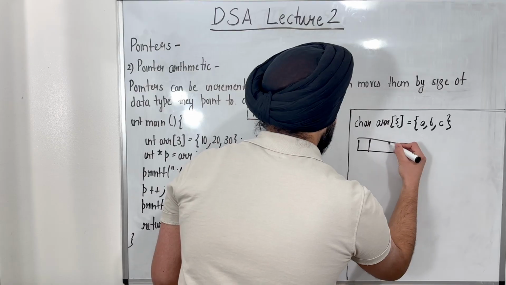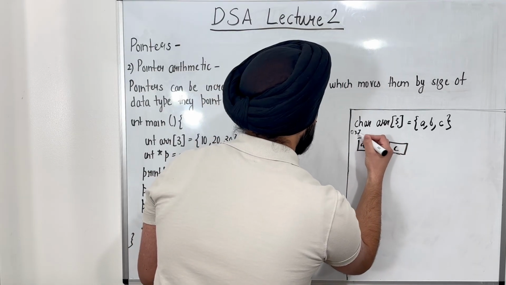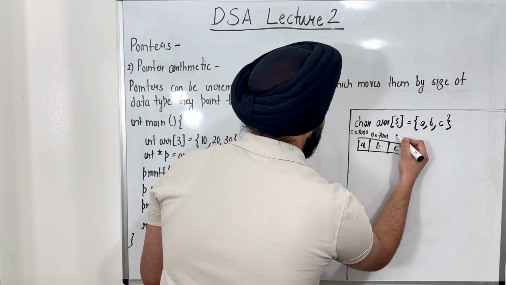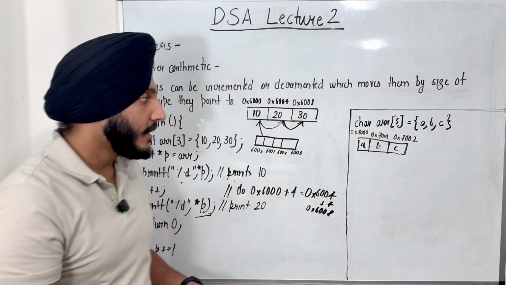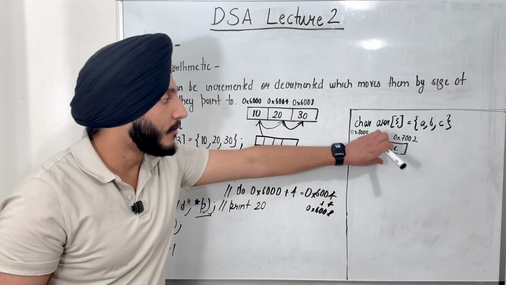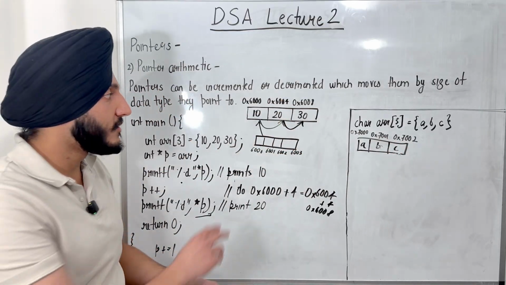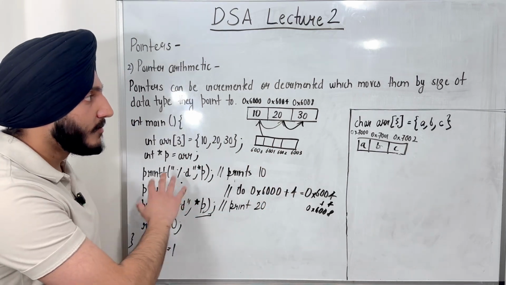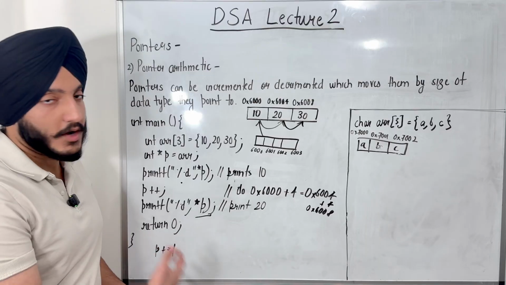In the memory, we would have A, B, C. This would be 0x7000, this would be 0x7001, and this would be 0x7002. So in the memory, there would be just 1 byte after the other. And since integers require 4 bytes, they are separated by 4 bytes. I hope the pointer arithmetic makes sense. Now let's try to understand some other concepts.